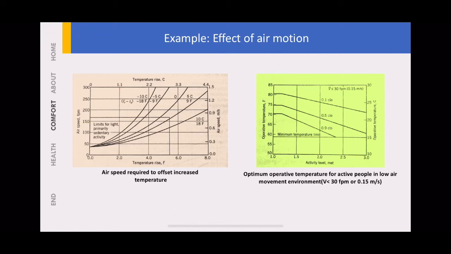Now take a look at this slide, the example of effects of air motion. The graph that this laser pointer is showing shows the airspeed required to offset increased temperature. So as the temperature increases, down here is degrees Fahrenheit and up here is degrees Celsius.